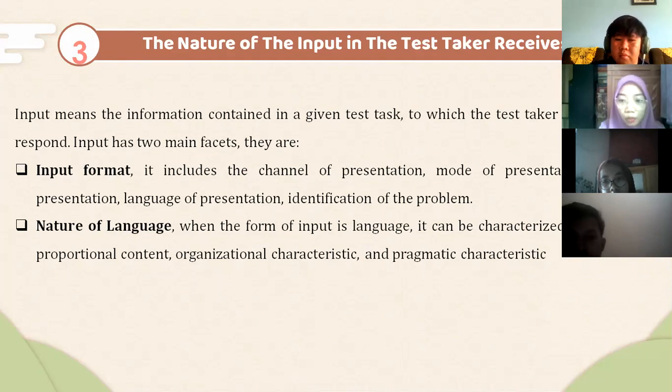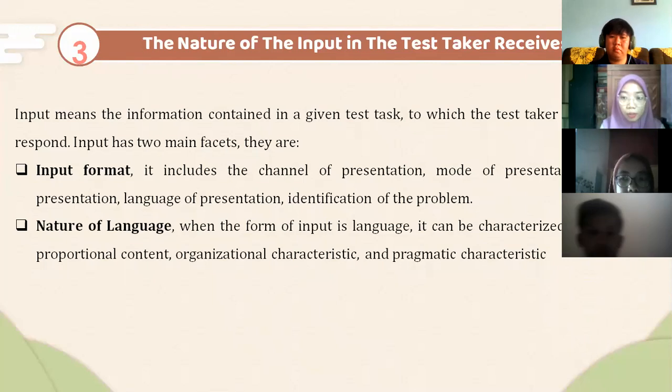In the nature of language, we also have to consider the organizational characteristics such as grammar, cohesion, and rhetorical organization. Meanwhile, in pragmatic characteristics itself, we can consider illocutionary force and sociolinguistic characteristics such as dialect or variety.